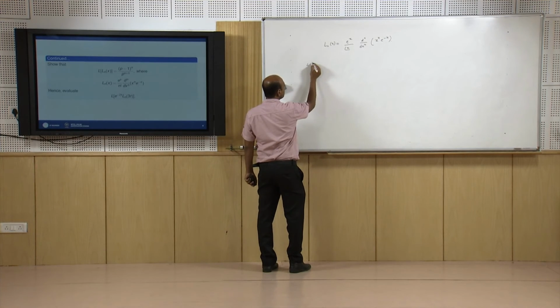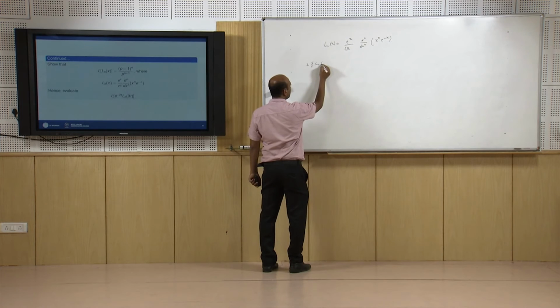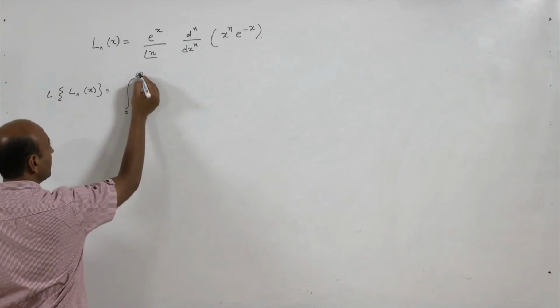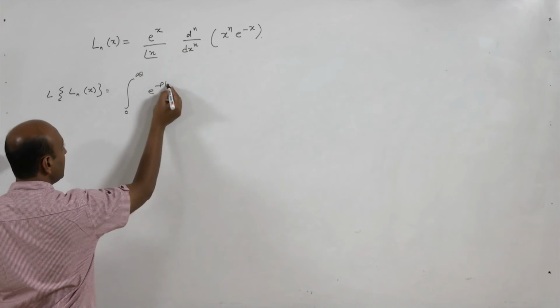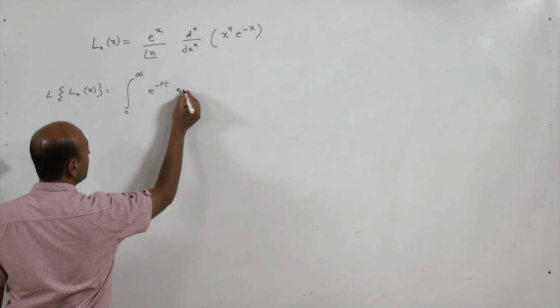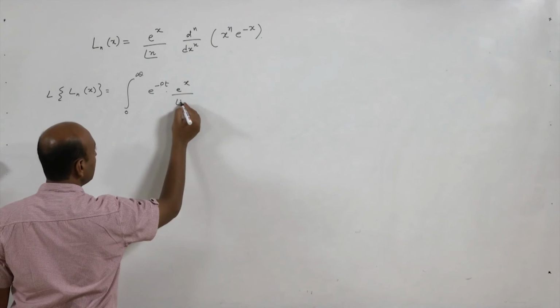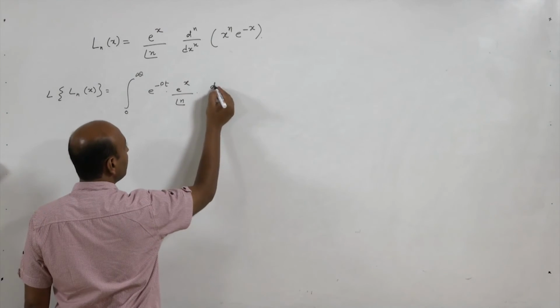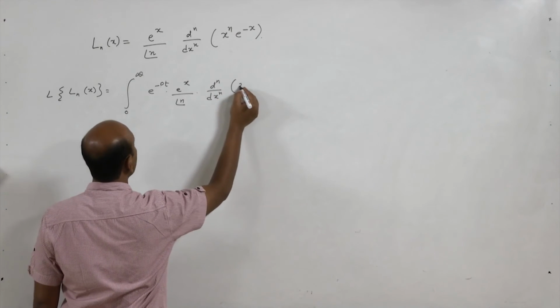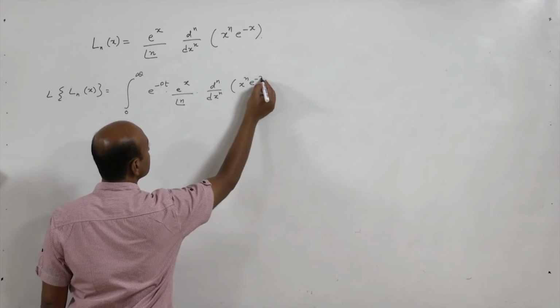So the Laplace transform of Ln(x) by the definition of the Laplace transform is nothing but integral 0 to infinity e to the power minus pt into e to the power x upon factorial n, nth derivative of this, into x to the power n e to the power minus x.